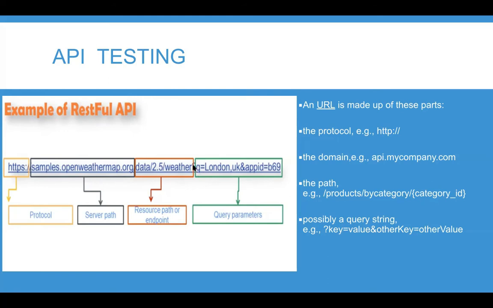But in this one, it says question mark query is equal to London, UK, and within London, UK, you want to get a particular weather with this value, right? So this is just to have an understanding about how this API string or this URL is formed and all that.